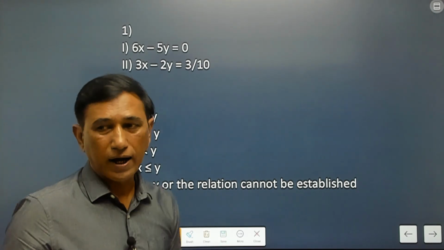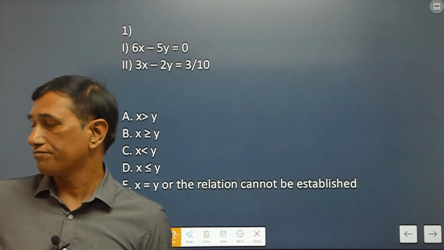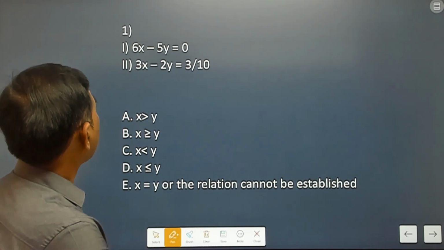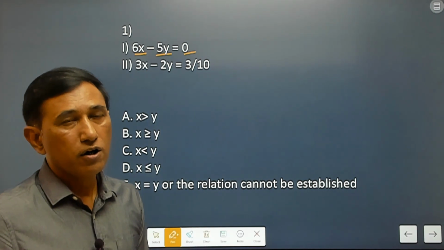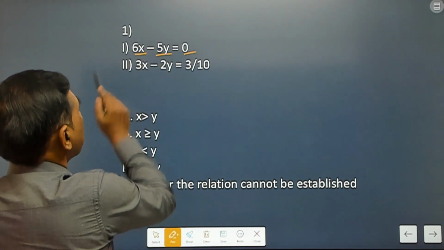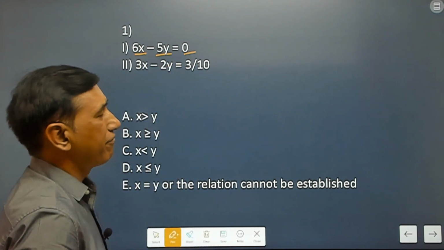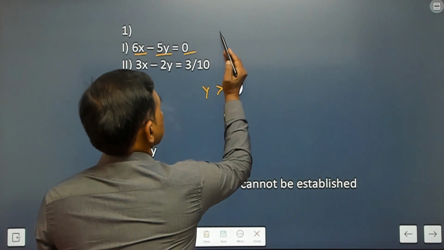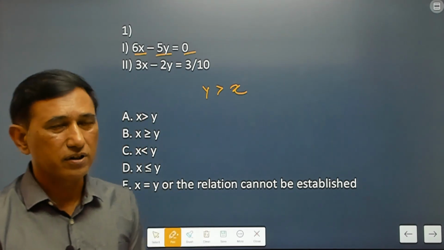And common sense, you should always go for common sense whenever you find anything. Like this one, 6x minus 5y is equal to 0. Common sense says that since x multiplied by 6 has to equal y multiplied by 5, y is certainly greater than x. No calculation is required basically.